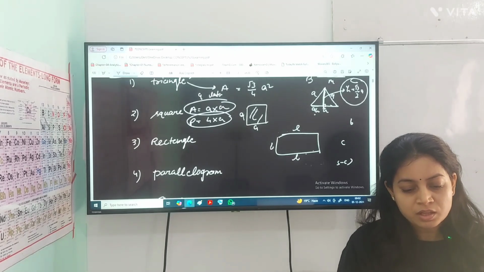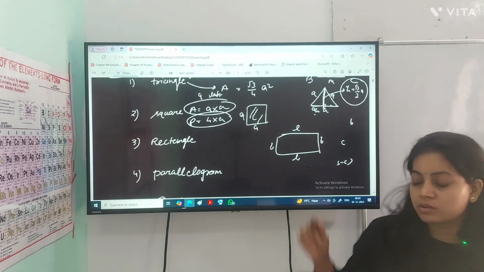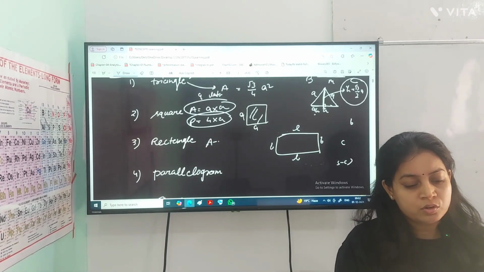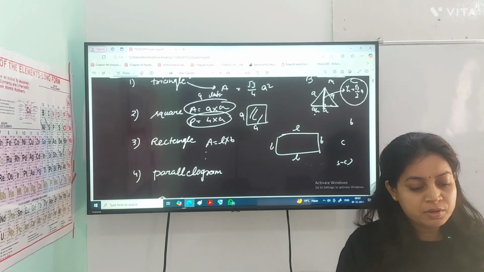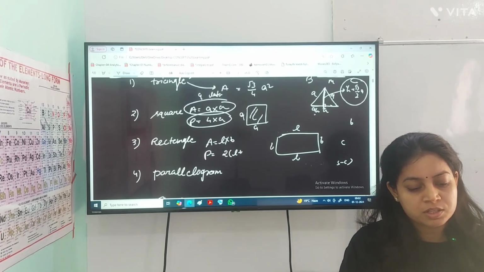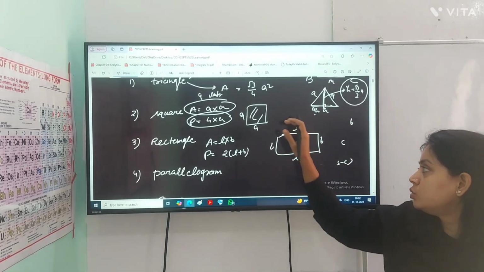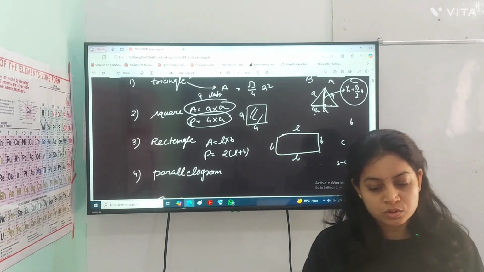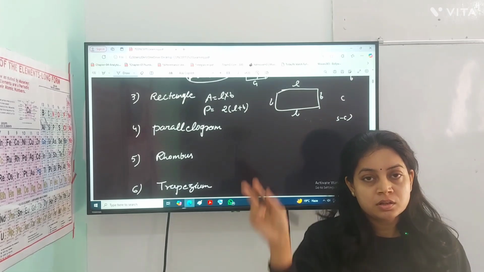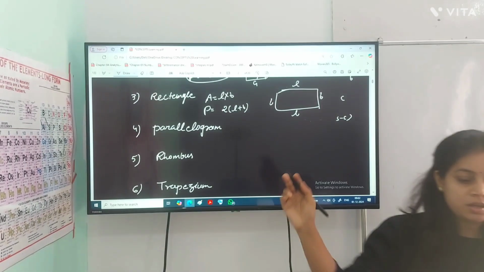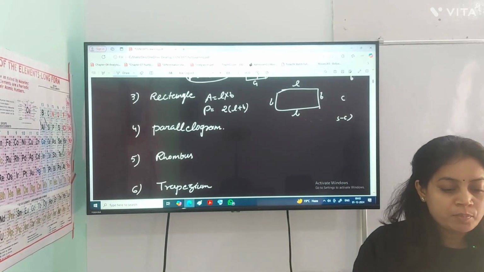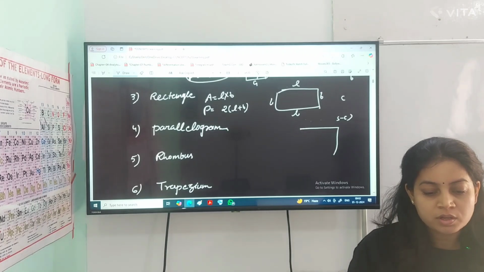And in the rectangle, we all know this is length and breadth. This is again length and breadth. The area is length into breadth. And the perimeter of the rectangle is twice of L plus B. Definitely 2 sides are L and 2 are B, so you add 2L plus 2B. So the perimeter is just the sum of all sides. That is your boundary.